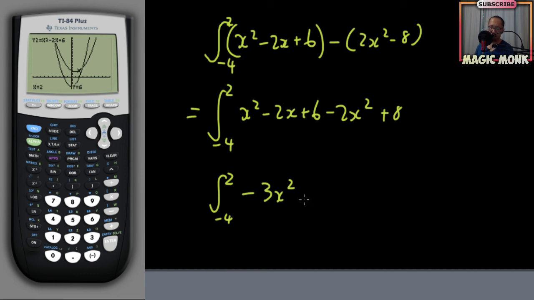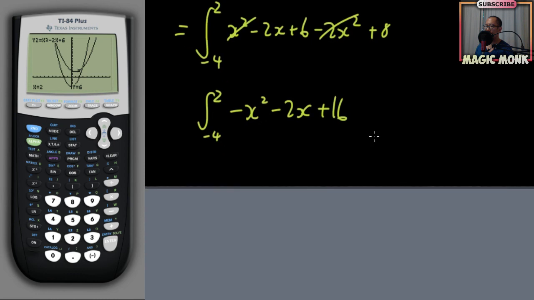Oh wait, minus 1x squared. And then that's gone. And then you've got minus 2x, and then you've got plus 16.